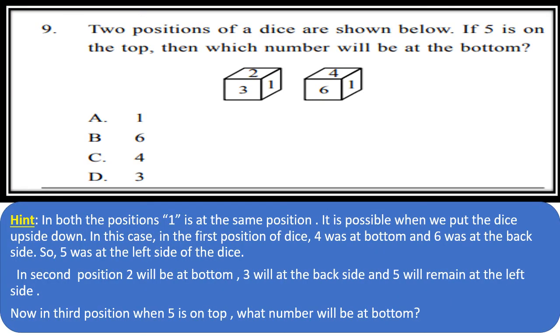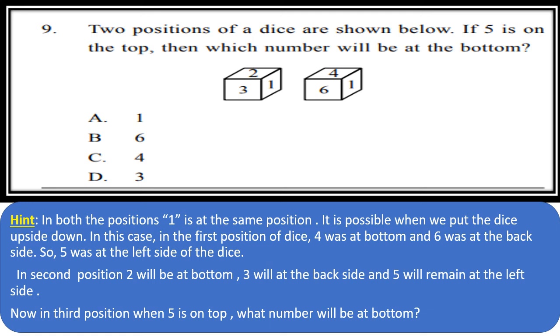Two positions of a dice are shown below. If 5 is on the top, then which number will be at the bottom? Now in both the positions, one is at the same position, that is on the right hand side. It is only possible when we put the dice upside down. In the first position, 4 was at the bottom, 6 was at the back side and 5 was at the left side of the dice.